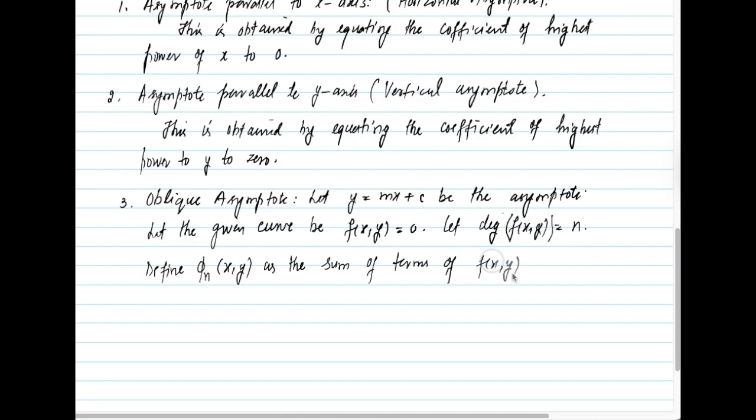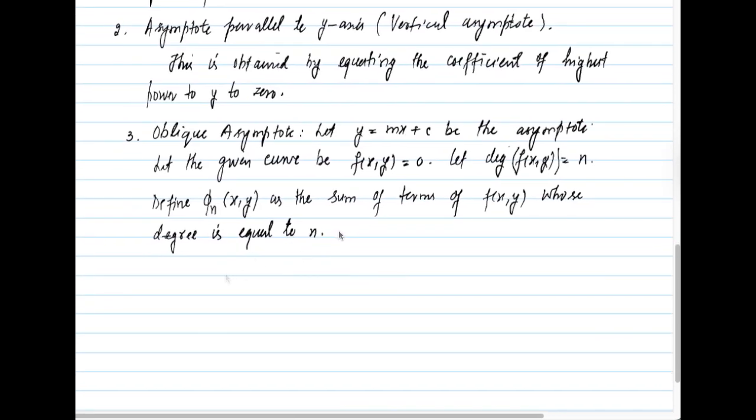So in this way we define a function phi n of x y, and we include in this expression those terms of f of x y whose degree is exactly equal to n. Then our next step is: put x equal to 1 and y equal to m, which gives a new expression phi n of 1 comma m.